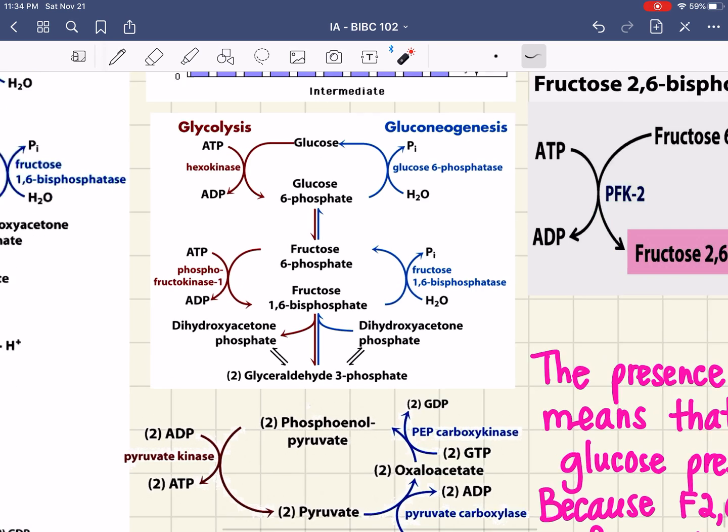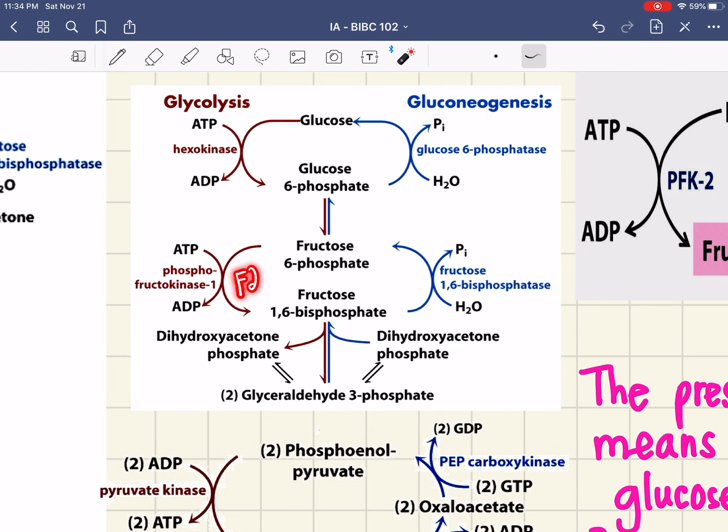The molecule fructose 2,6-bisphosphate activates phosphofructokinase 1, and it inhibits fructose 1,6-bisphosphatase, okay? Now let's take a closer look on how this happens and why this happens.